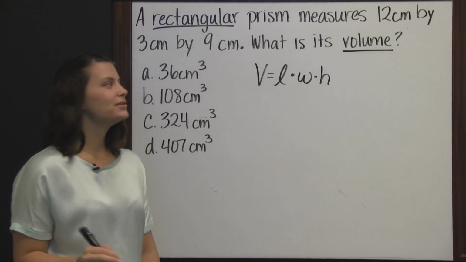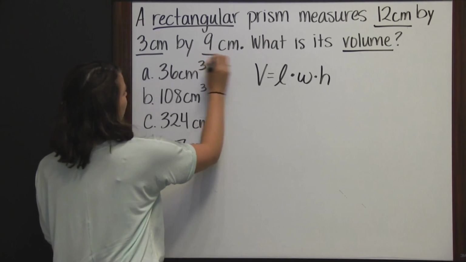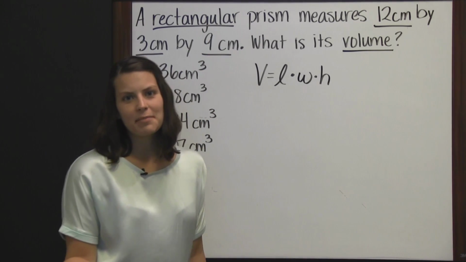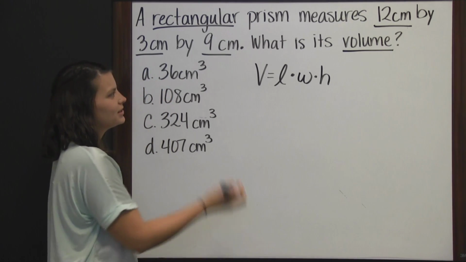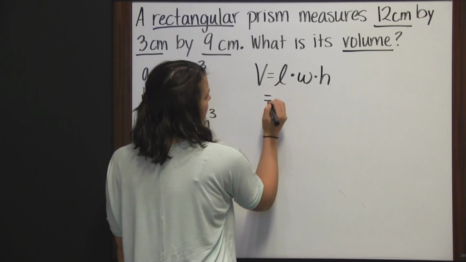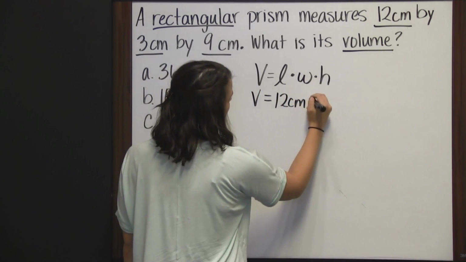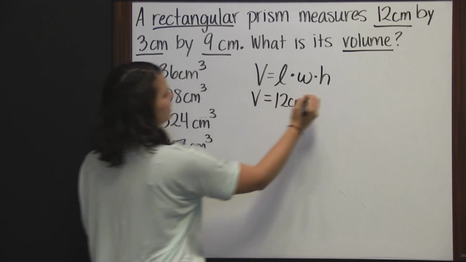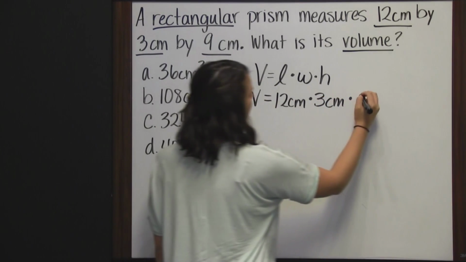And we were given those dimensions: length, width, and height. And really it doesn't matter which one is the length, which one's the width, and which one's the height, since we're just going to multiply those three numbers together anyway. So the volume is 12 centimeters times 3 centimeters times 9 centimeters.